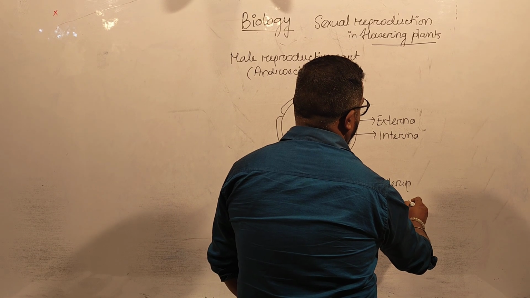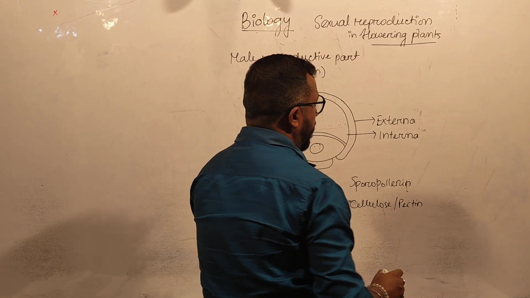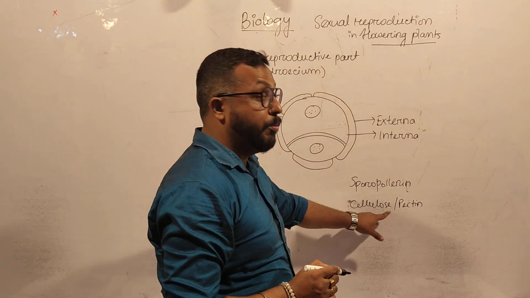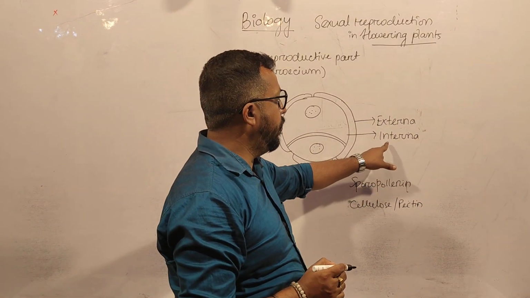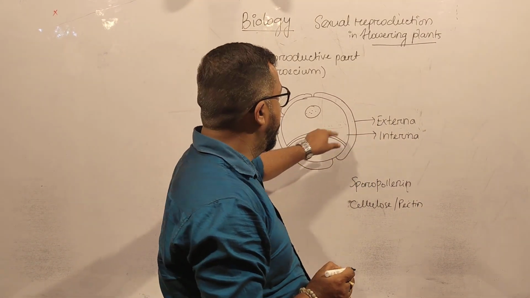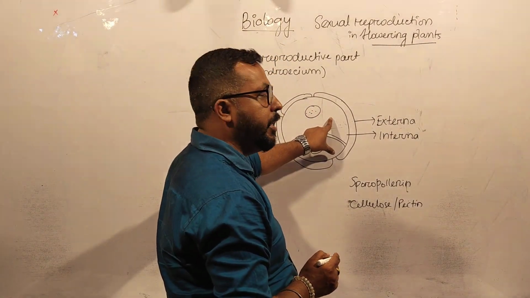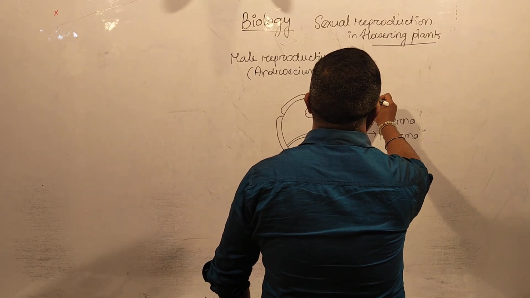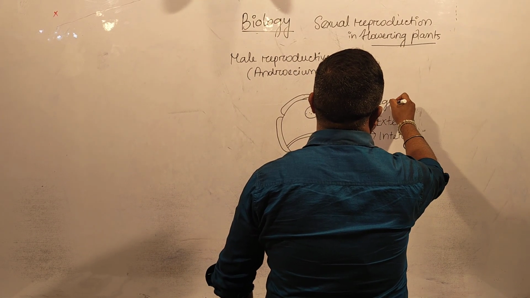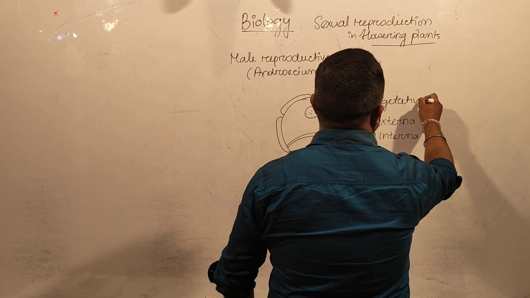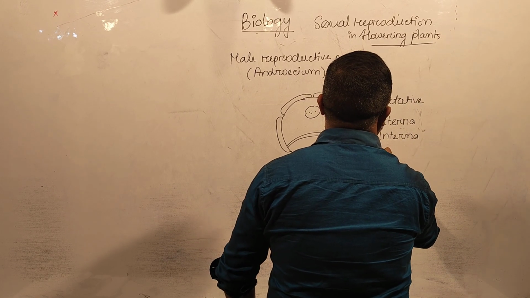and pectin. These are very common polysaccharides available in nature. These are going to form the intine. Now inside this it has cytoplasm, and we can very clearly see two cells. One cell is called the vegetative cell, and this is the generative cell.